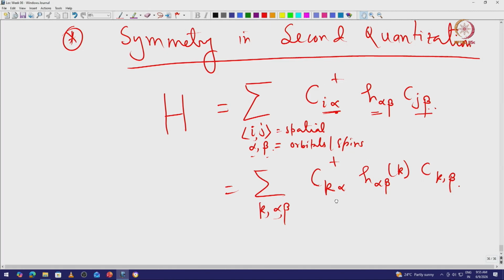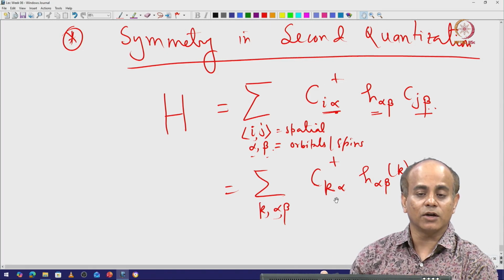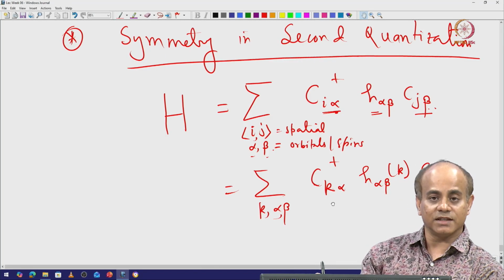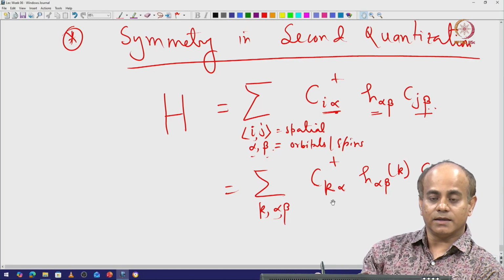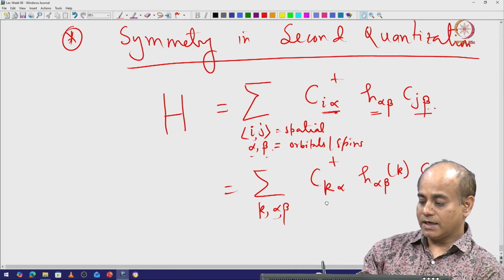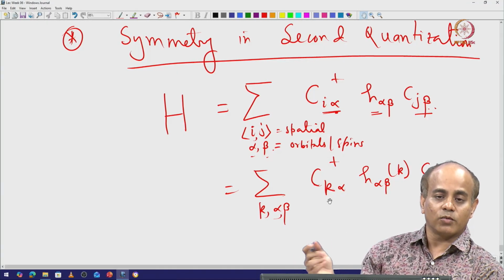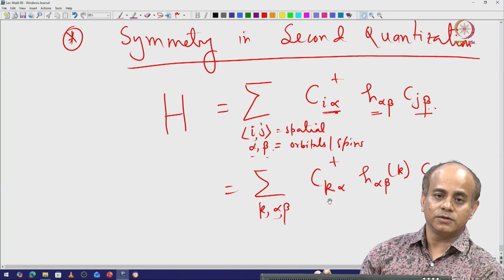How are they going to transform? Like an operator or like a state? This is a common confusion, at least initially.